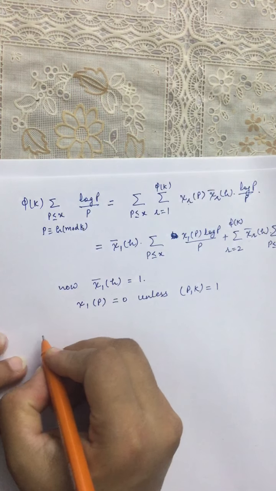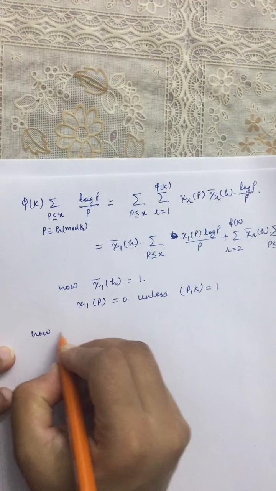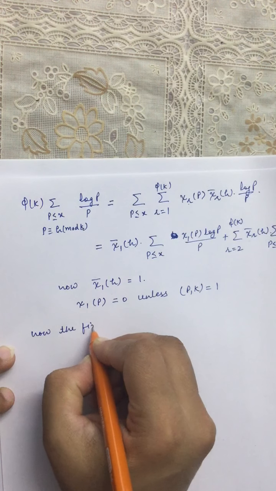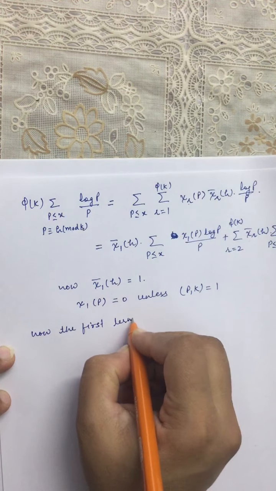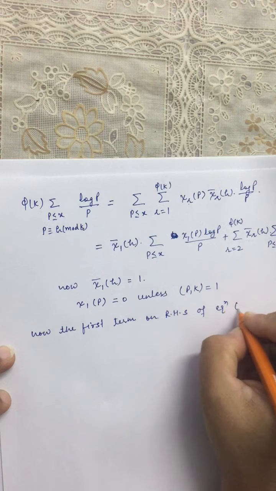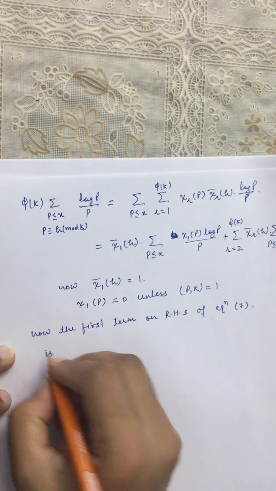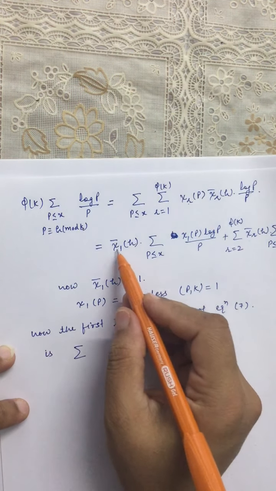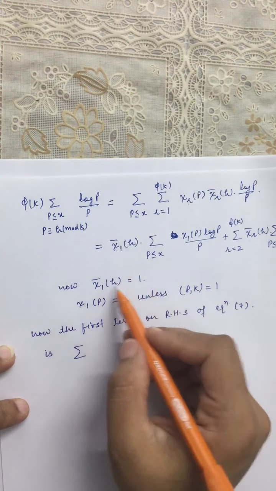Now the first term on the right hand side of equation 7, that is, chi1 bar h is equal to 1, so this term becomes just summation p less than equals to x chi1 p log p upon p.